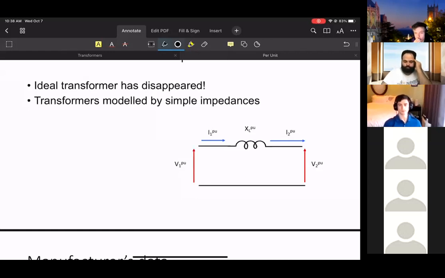Then your life becomes much simpler. And when we started writing digital computer programs, we very quickly realized that we should do things in per unit terms to get rid of all the transformers. Any questions with this?